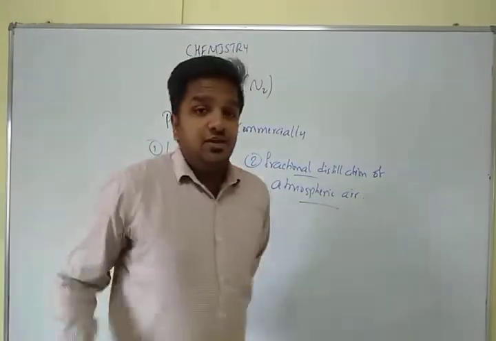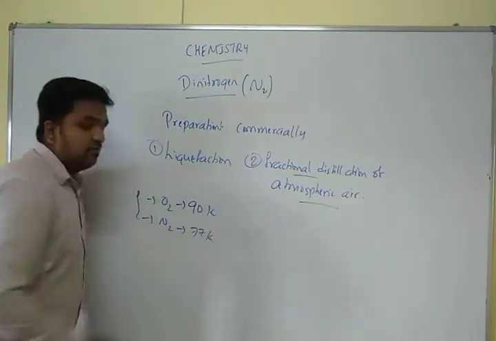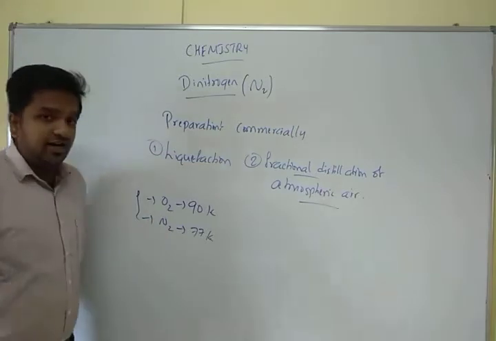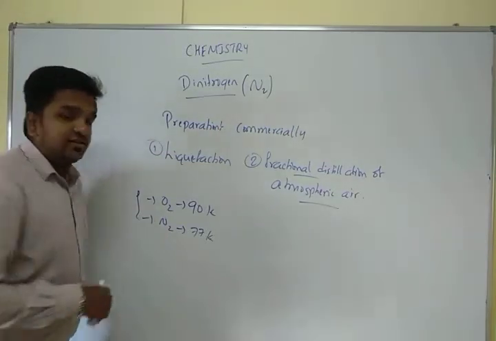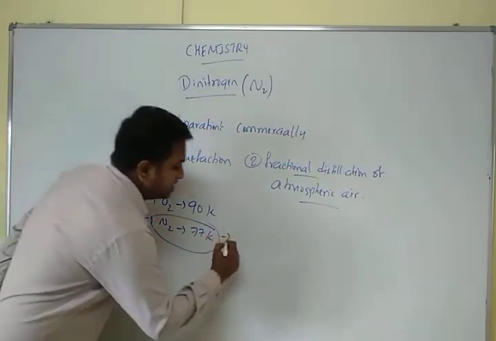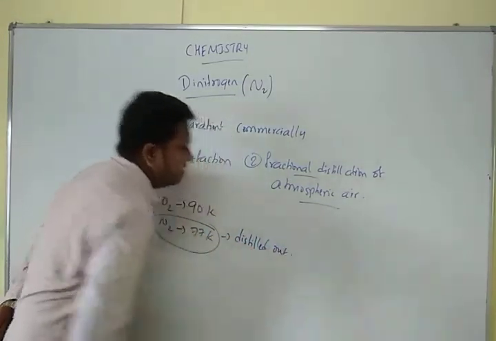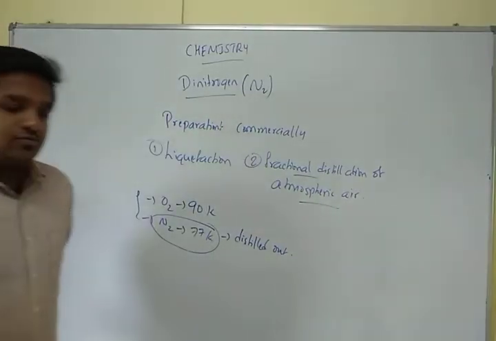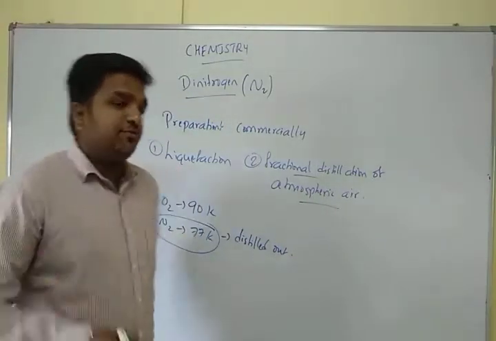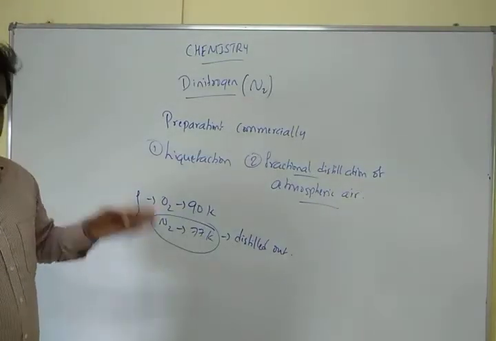So you can clearly see that there is a difference between the boiling points of oxygen and nitrogen. On applying the fractional distillation principle, this nitrogen will get distilled out first. This distilled out nitrogen will be separated out and purified, and we get the pure nitrogen. This is a commercial process.